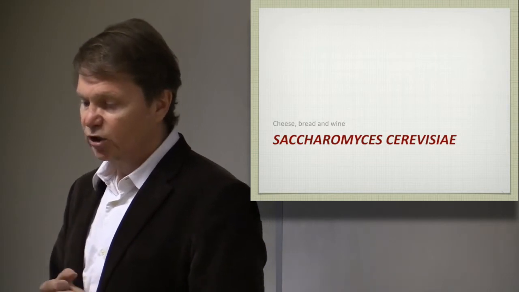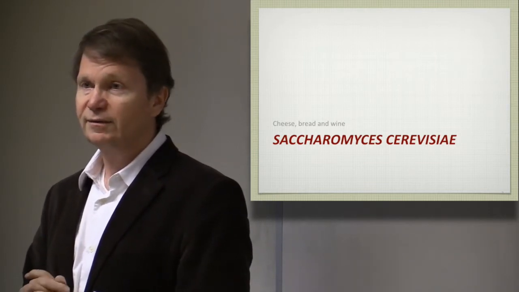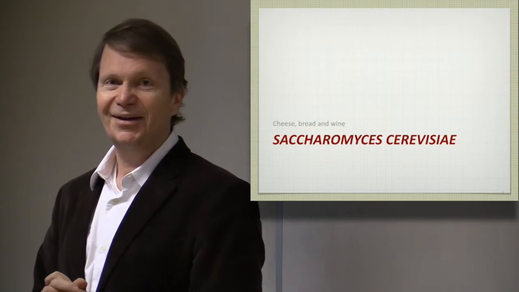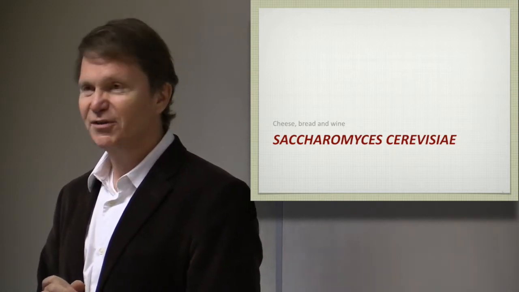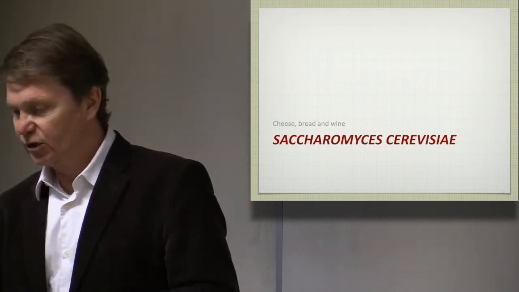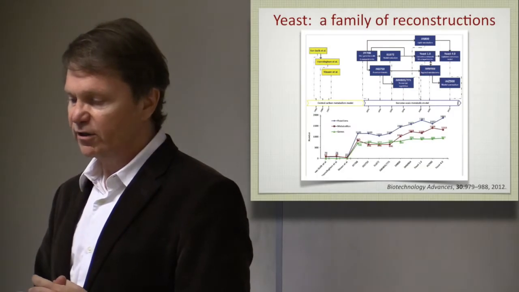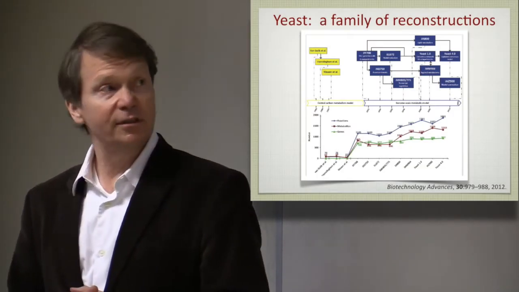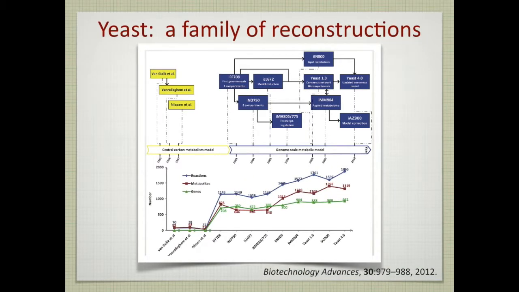So if you like cheese, bread, or wine, or all at the same time, you will like Saccharomyces cerevisiae. Its metabolism has been reconstructed through a succession of reconstructions that's illustrated here.